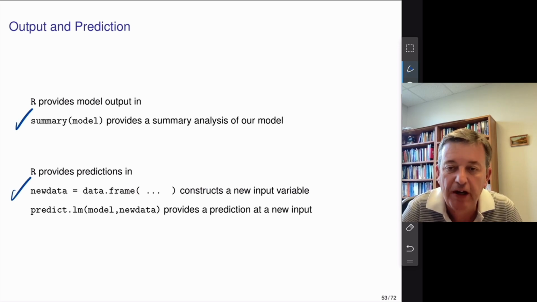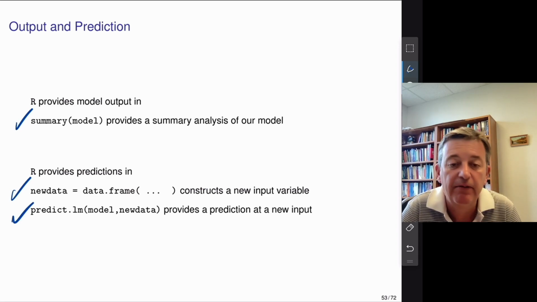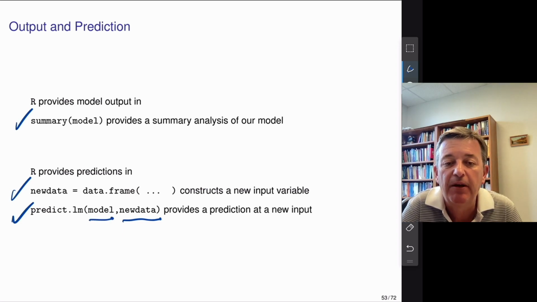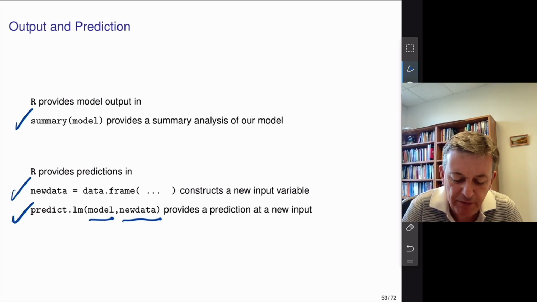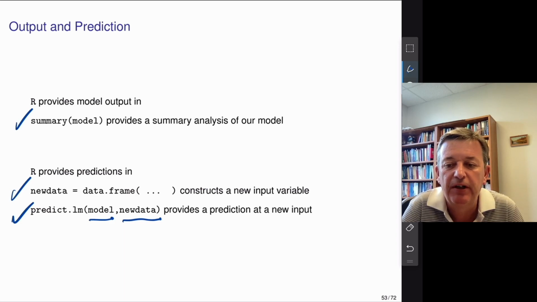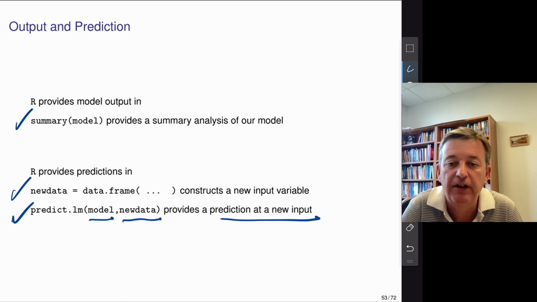You're inputting the transformed values of those new variables, and then you just use the predict.lm command on that new data frame with the model that you've estimated. Your data frame variables have to match up with the variables that you've left in your regression. And as I said, you have to be careful that you incorporate your transformations as well. The whole goal is that I'll get a prediction at a whole bunch of new inputs, and I'll also get prediction bands for those as well.